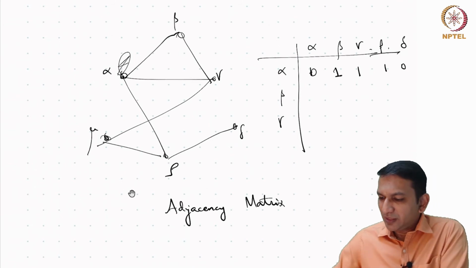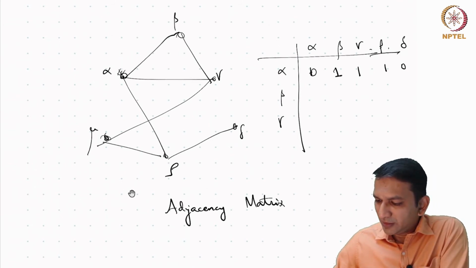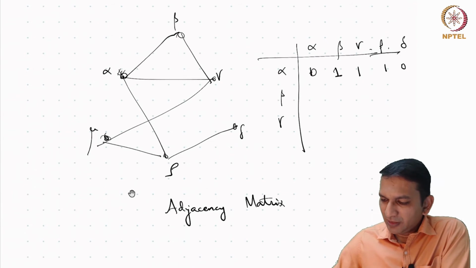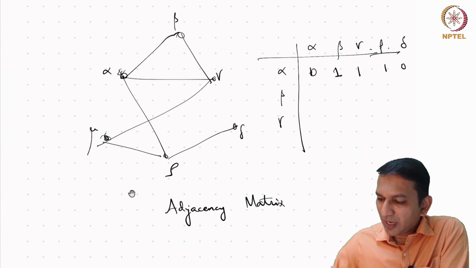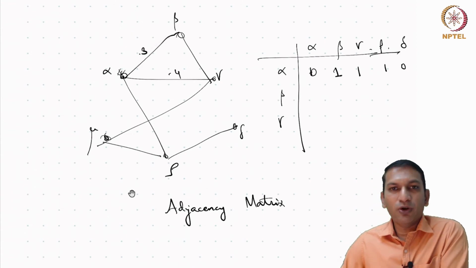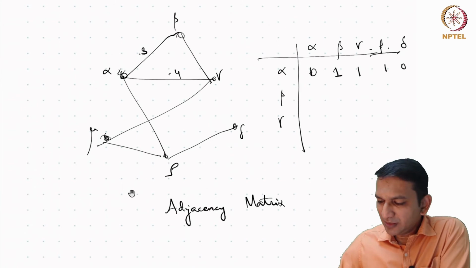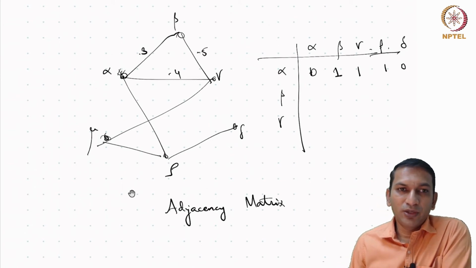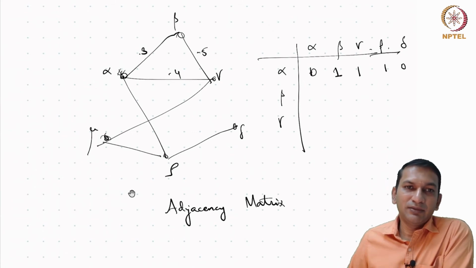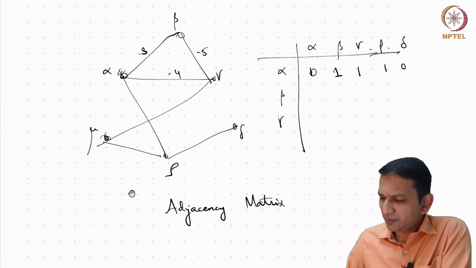Now, it is also possible that these edges have some weights. They could be cost, they could be distance, what have you. They could be any number between 0 and 1 or even any negative or positive real numbers.